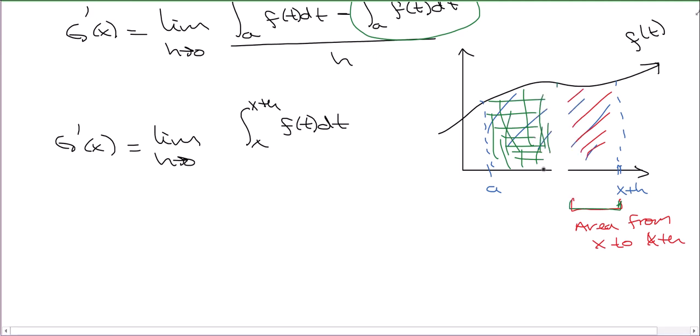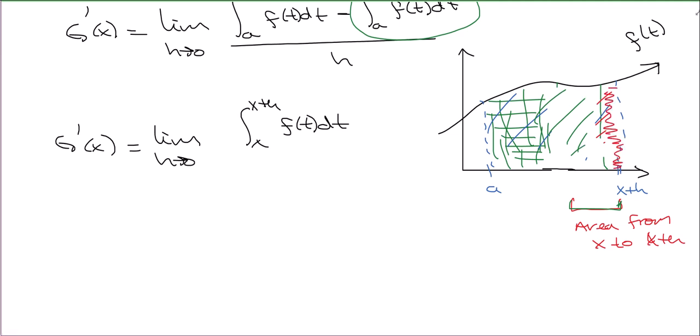Let me move my green area a tad bit closer to x plus h. So when I take the difference in those areas, I'm left with this tiny sliver of area, the area from x to x plus h.